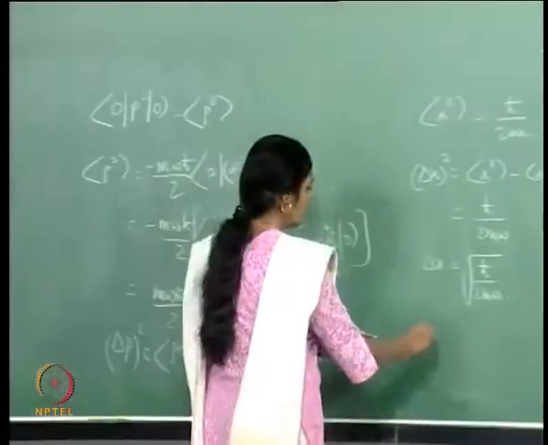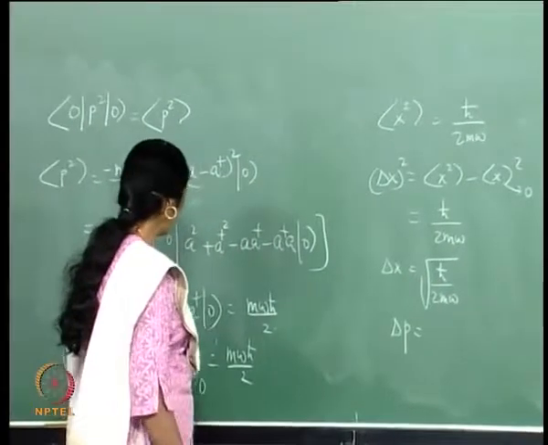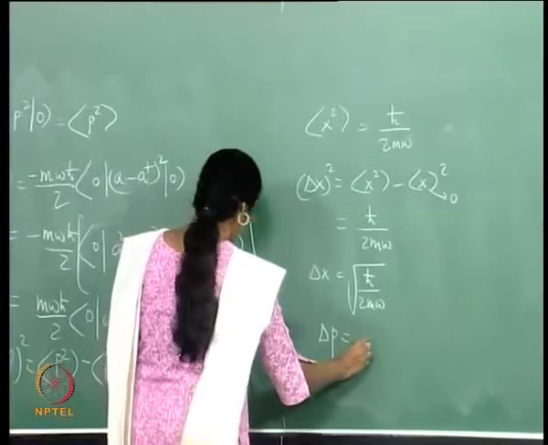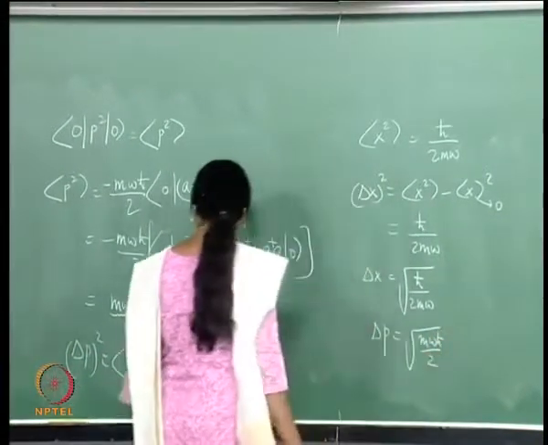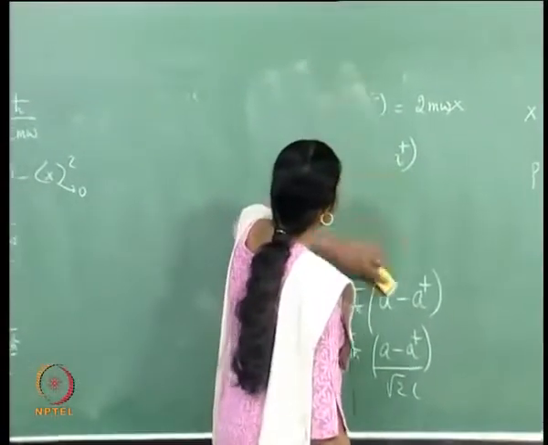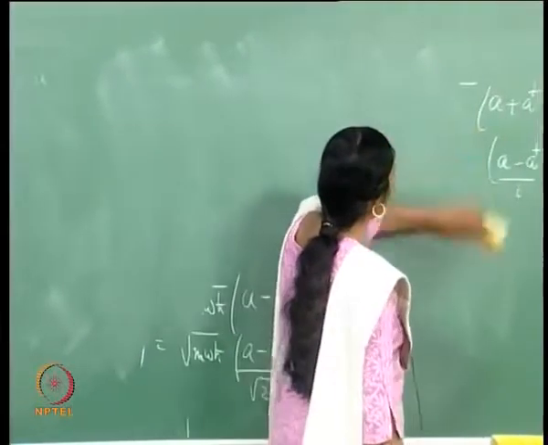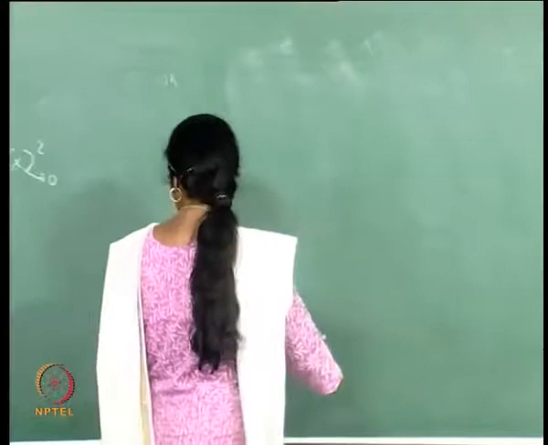So, here we are, delta x is root of h cross by 2 m omega, delta p is root of m omega h cross by 2. Therefore, the product delta x delta p in the ground state of the oscillator, it is very clear what it is.